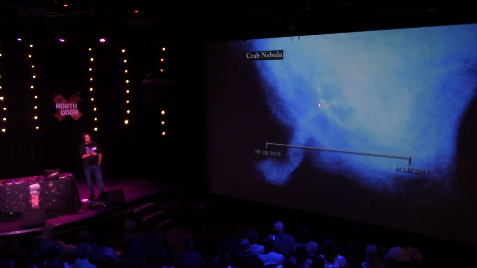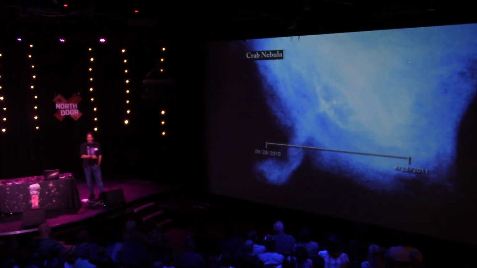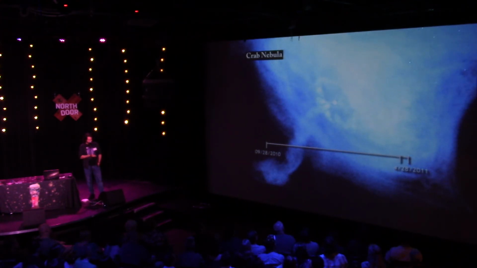You can see that ring moving outward and just get a sense of the energetics of how that central pulsar is powering this entire enormous nebula that's 10 light years across, when the thing itself, again, is only the size of a small city. But it has a huge amount of rotational energy that's being dumped into powering this pulsar.